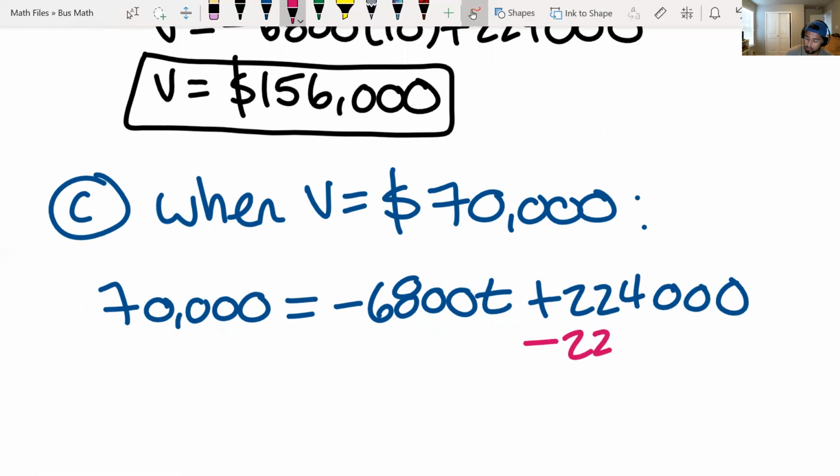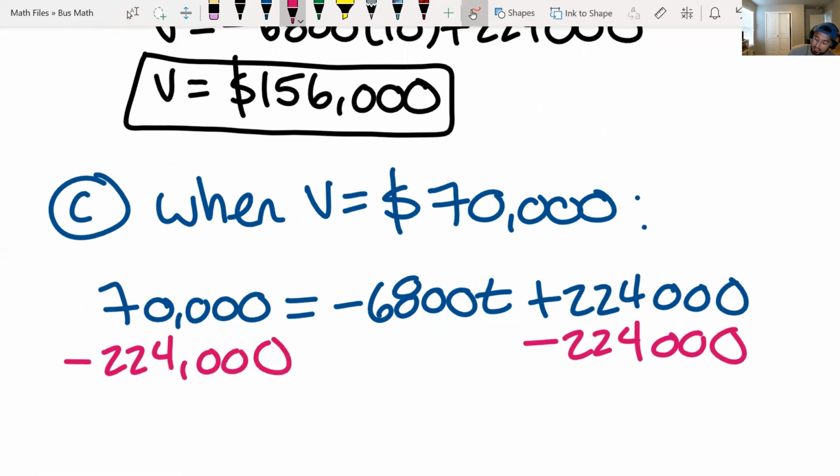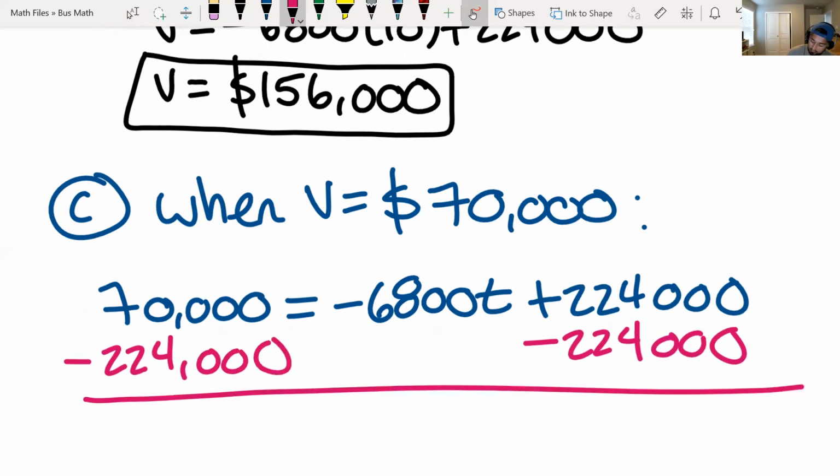Subtract 224,000 to the left. And I'll get negative 154,000. Oops, wrong color. You get it though.